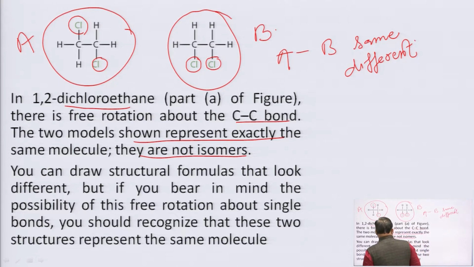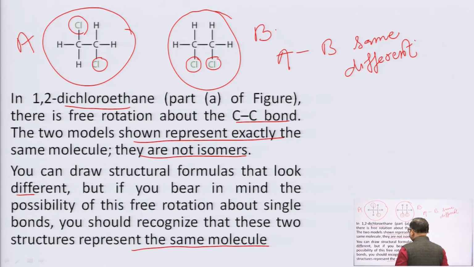If we see them visually, they look different, but due to this free rotation they can be easily converted into each other. That means they are representing the same molecule, so they are not isomers.